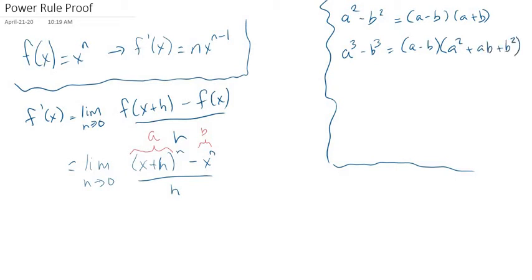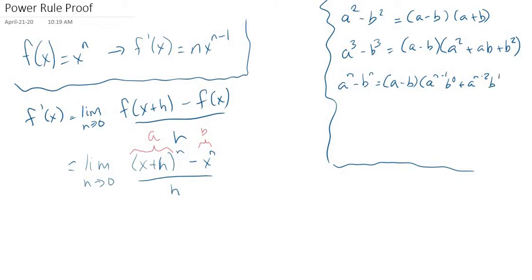And as it turns out, the general rule is that when you have a to the n minus b to the n, the way that works is you have a minus b, and then we have a to the n minus 1 times b to the 0, plus a to the n minus 2 times b to the 1.